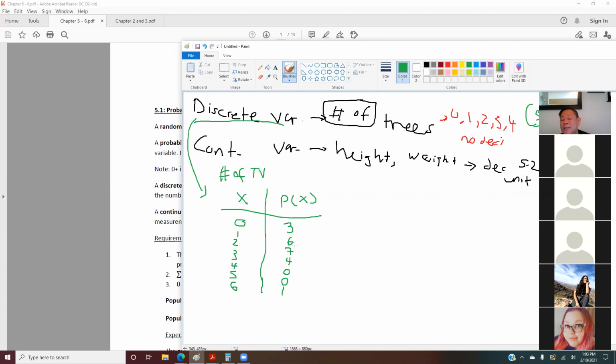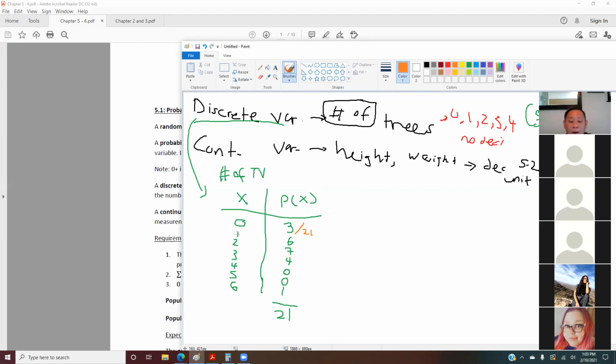I don't have time to actually do that, but let's say you raised your hands. So how do we find the probability? It's easy. You just find the total and then divide each number by it. The total in this case is 21. So for no TVs, this is 3 out of 21.